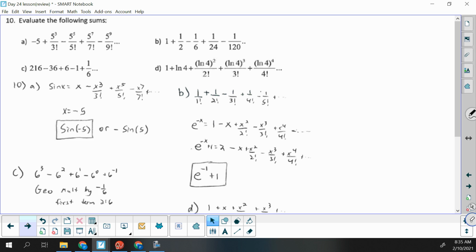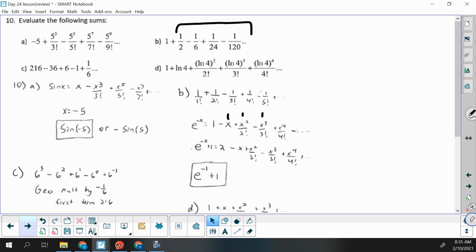So from that e to the negative x, if we subbed in 1 right now, a lot of the stuff would match up, but we would have a 0 on the front. So you would need a +1 along with the 1 filled in for x in order for it to match up.